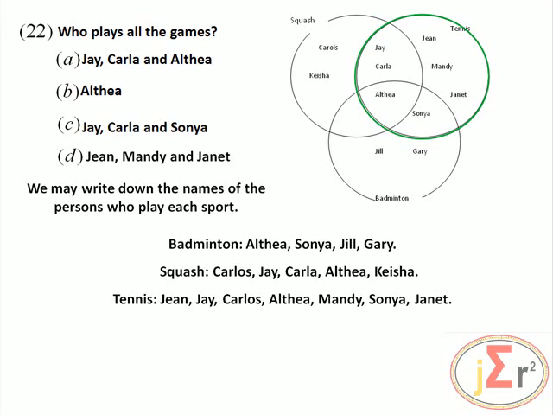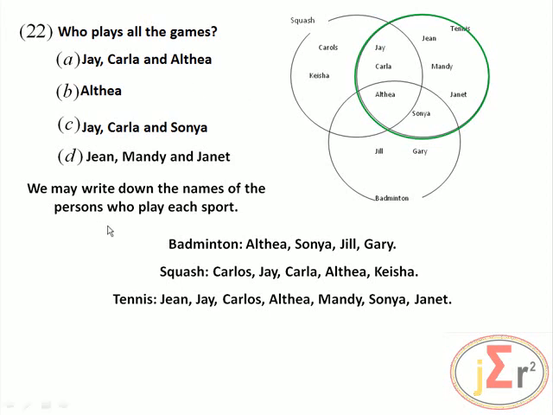So we have listed all of these students that play badminton, all who play squash, and all who play tennis. So we need to look in those sets and see the names of those players that are in all of the sets.